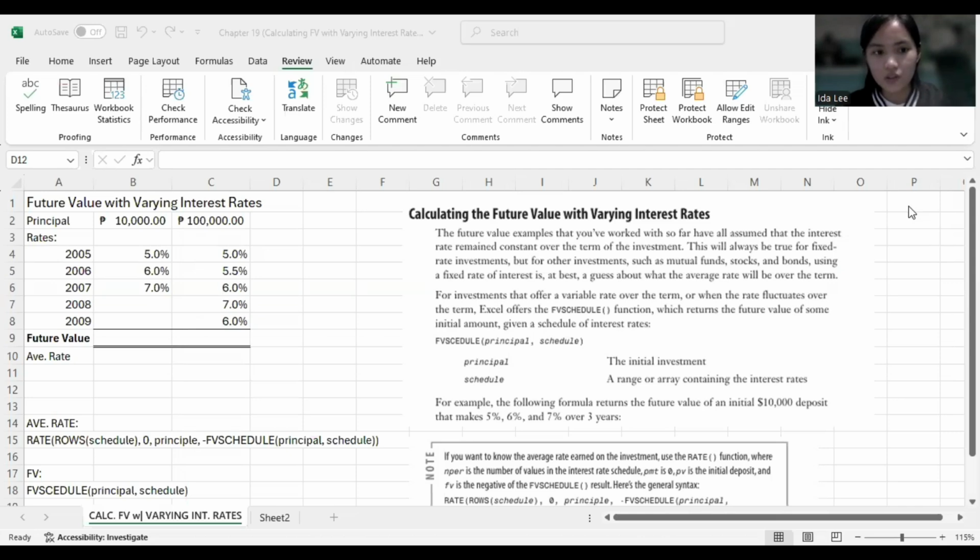And if we want to know the average rate earned on the investment, we use the RATE function where N per is the number of values in the interest rate schedule, PMT is 0, PV is the initial deposit, and FV is the negative of the future value schedule result.